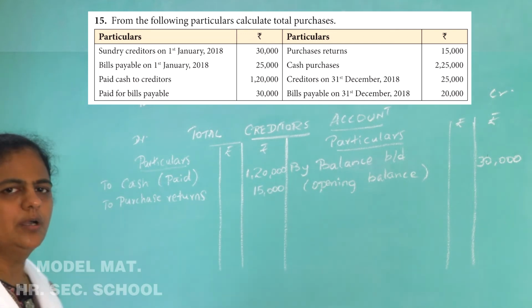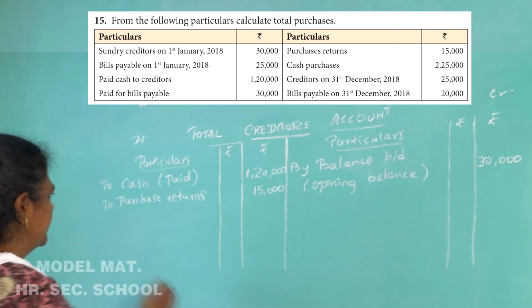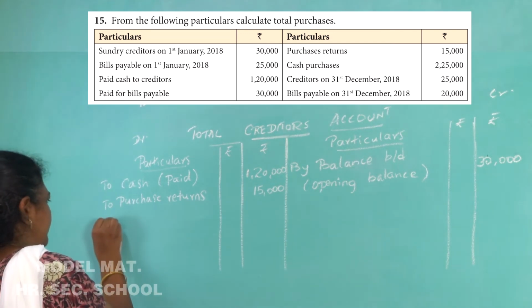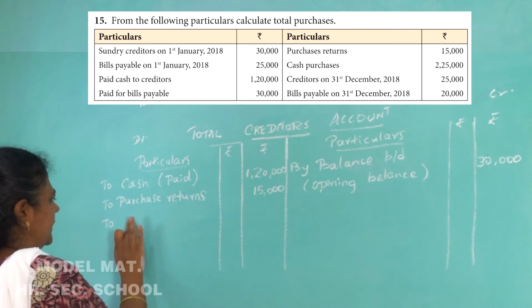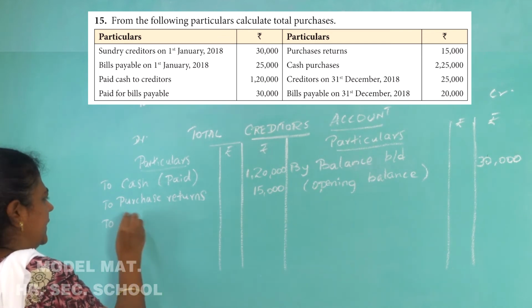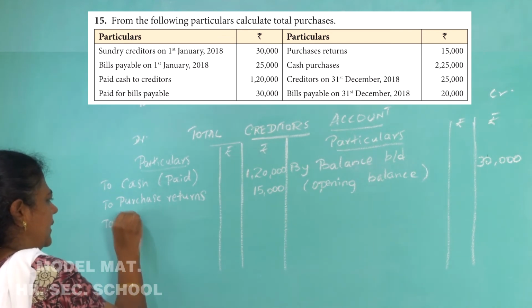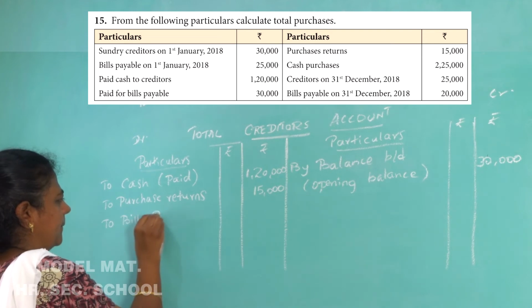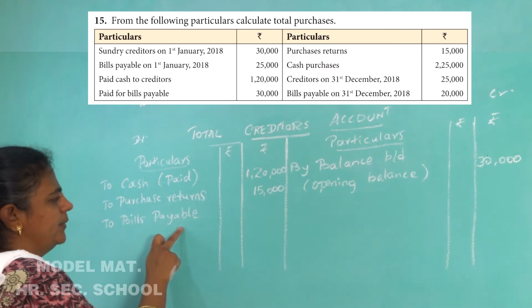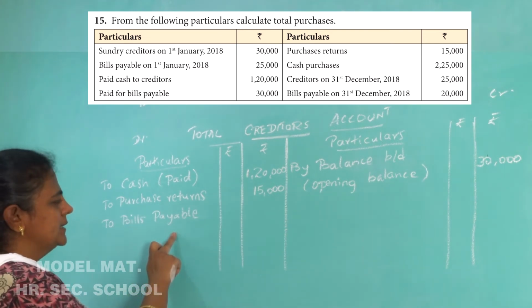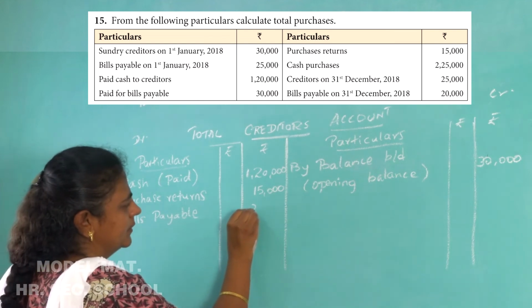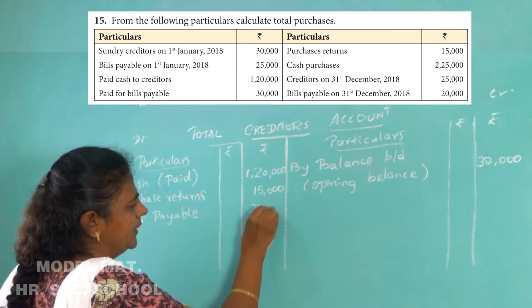Next you see your bills payable account. That is the balance of the total amount paid by the sundry creditors, that is bills payable. This should be brought from your bills payable account, that is 25,000.